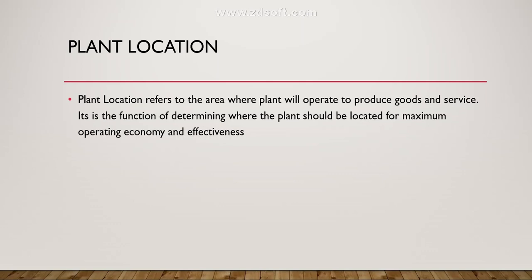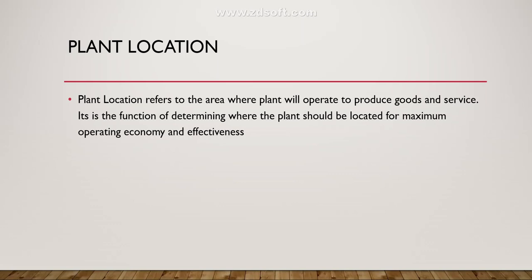So this was about plant location, and how important it is for a business organization. The consideration with respect to plant location is very high. You have to be very sure and strong in your decision with respect to plant location, because you're going to install a production layout.